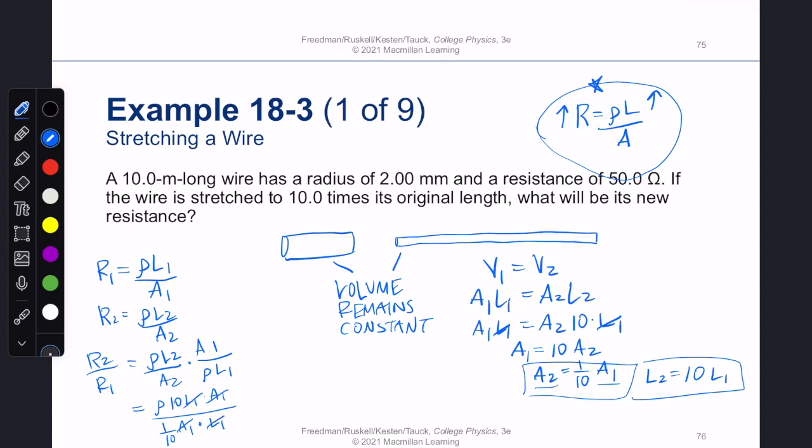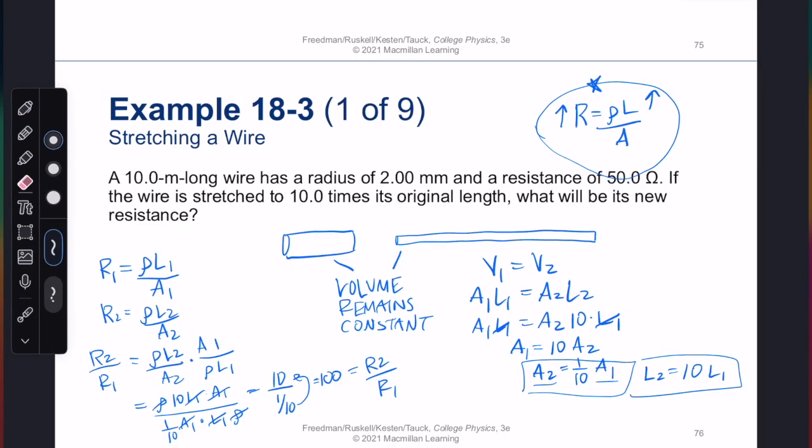And I get basically 10 divided by 1/10, right? That brings the 10 upstairs, making it 100. So what I have is that my ratio of R2 to R1 is 100.